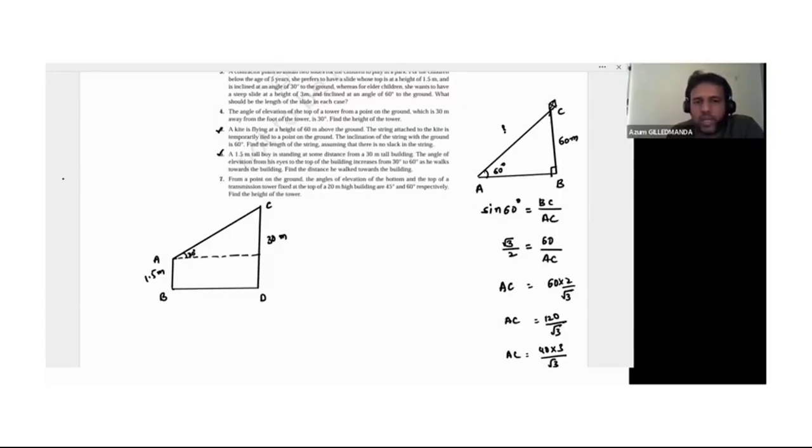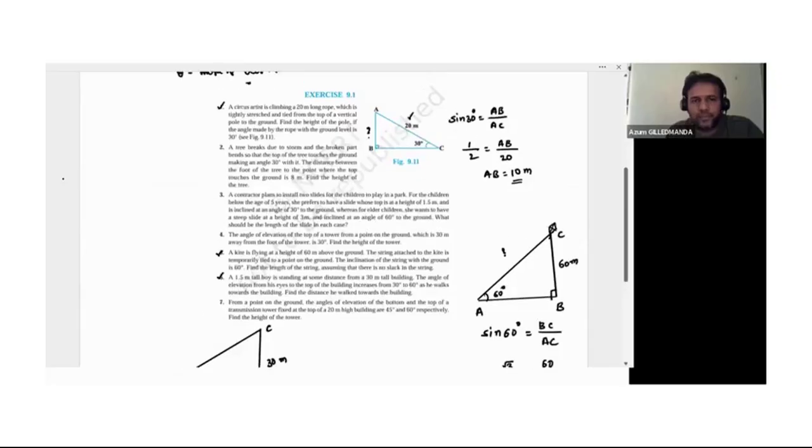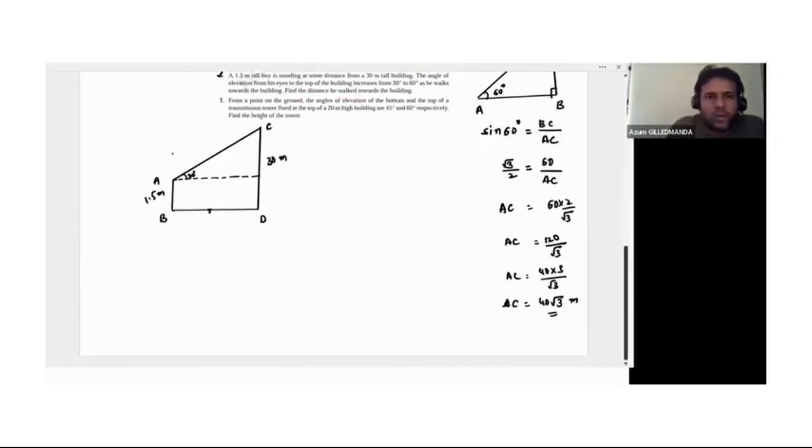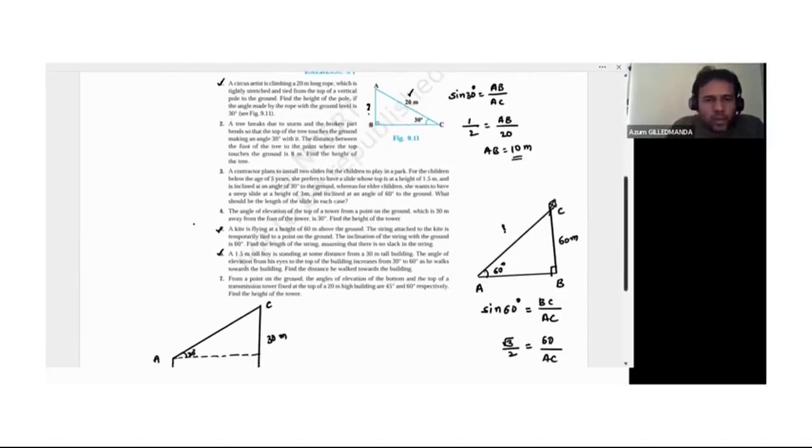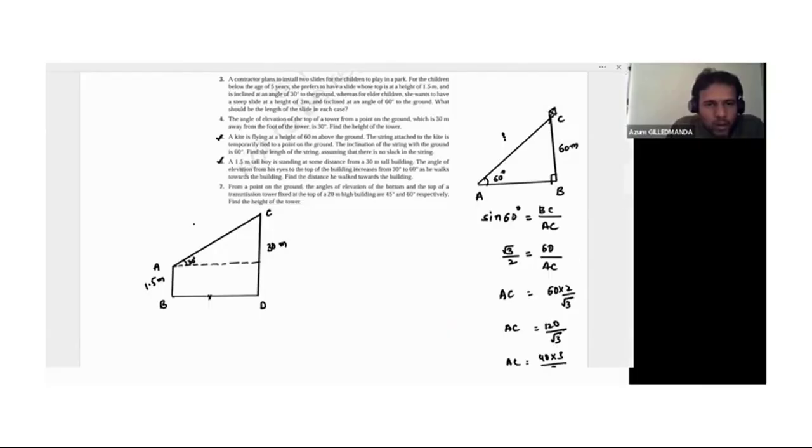Let's say after some time he has walked till this point, right? So when he walked till this point, this is where he will be. It's not coming as a straight line. Give me a minute. Okay. So this is where he is.